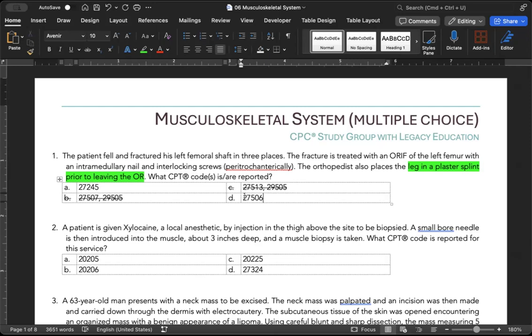The anatomic location of 27245 is the intertrochanteric, peritrochanteric, or subtrochanteric region of the femur. Here, the fracture is in the femoral shaft, so 27506 is the correct code.